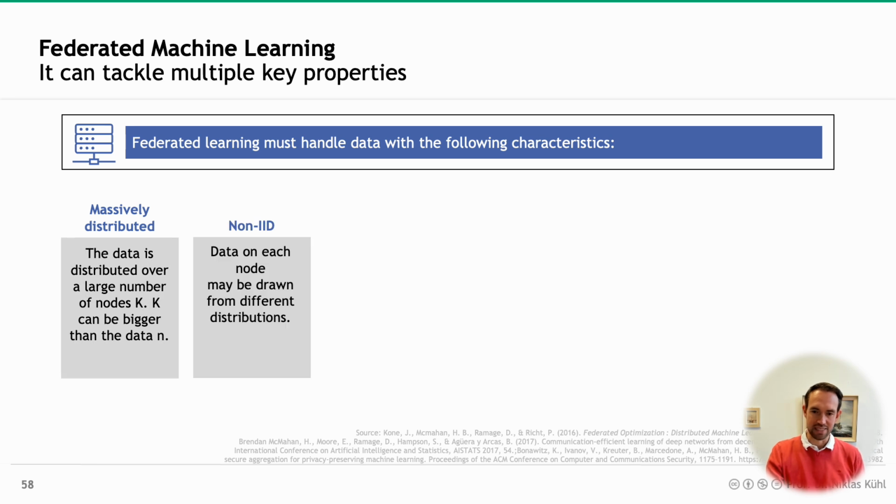Second is non-IID, so non-independent and identically distributed, a term that you might recall from your Computer Science 101 class. Now, data on each device reflects its local usage or context, leading to this non-IID data distribution.